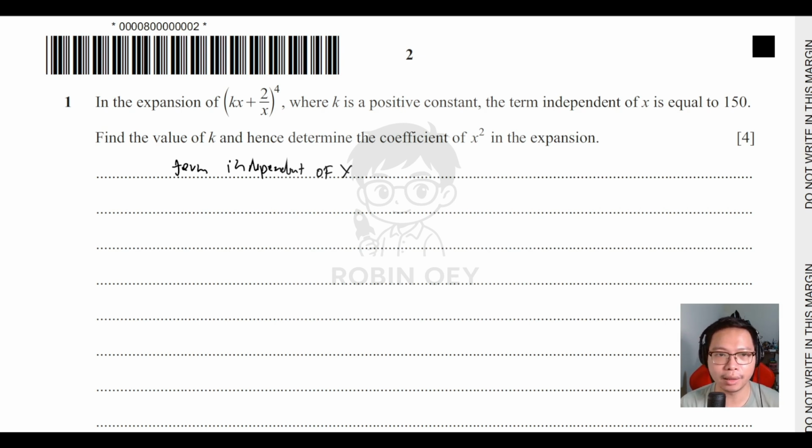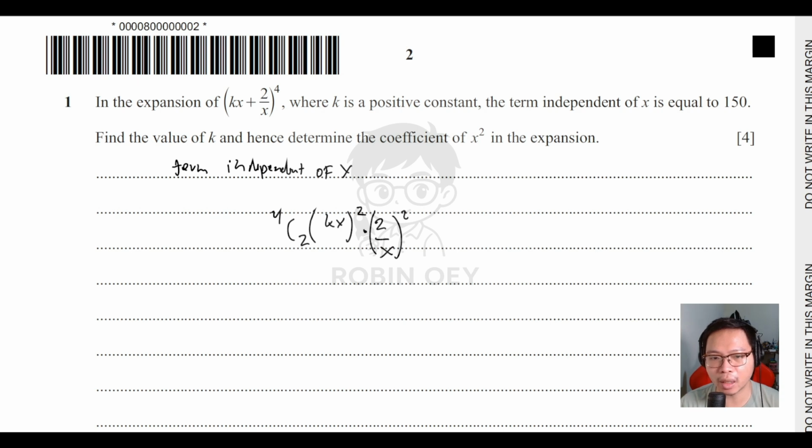So in this case, this is going to take some trial and error, but the term independent of x is (kx)^2 times (2/x)^2, with 4C2. Maybe you will need to do some trial and error to make sure that the x's cancel out each other.